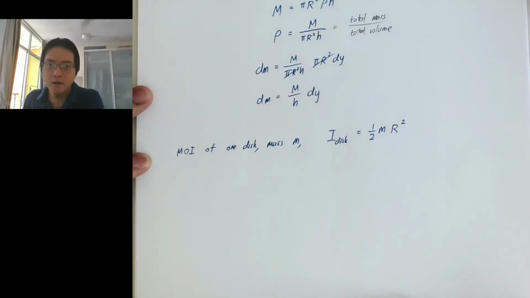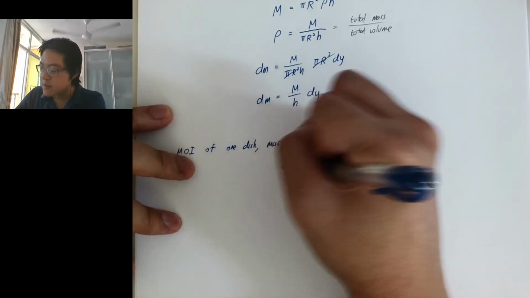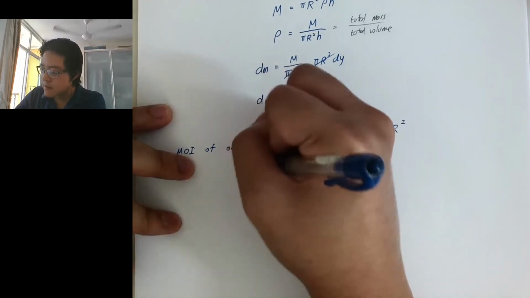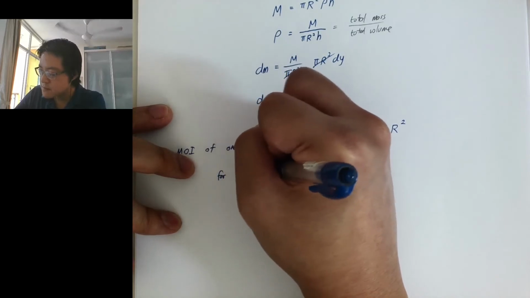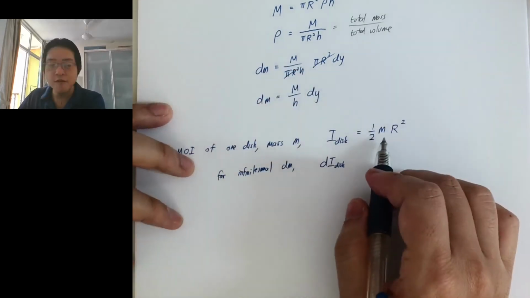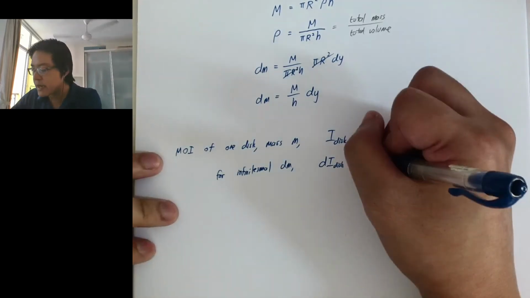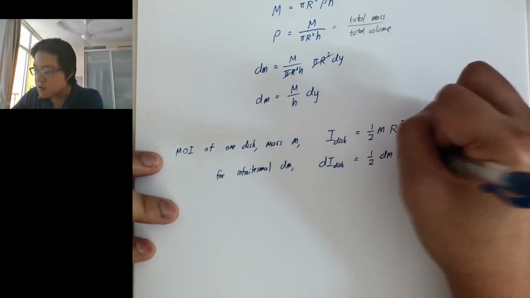And if the mass is small, for infinitesimal mass dm, then the moment of inertia I disk for infinitesimal mass is, for large m, the moment of inertia is very high. For tiny m, the moment of inertia is also tiny. So it's 1 over 2 dm times r square.